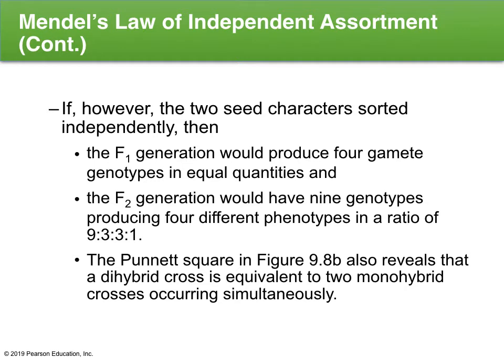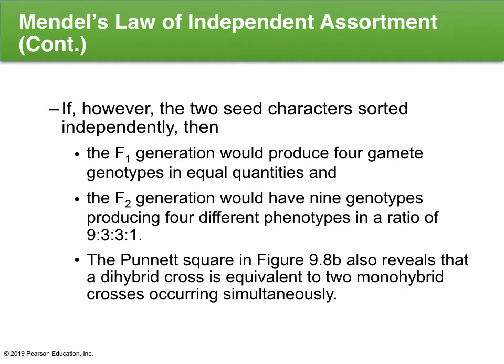The F1 generation would produce 4 gamete genotypes in equal quantities, and the F2 generation would have 9 genotypes, producing 4 different phenotypes in a ratio of 9:3:3:1. Now, I'm going to tell you right now, I will not make you have to sketch out a dihybrid cross.